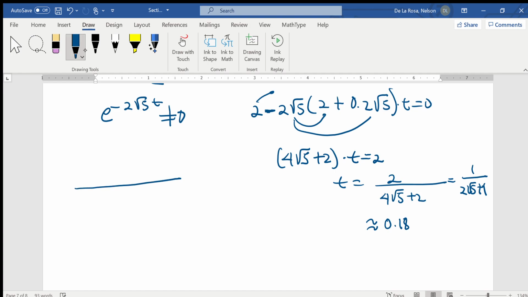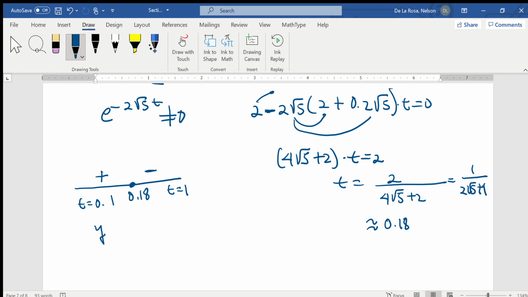Remember, this is a critical number from calculus 1. So we have to test, and then you have to replace a number to the left of 0.18 and a number to the right of 0.18 in the derivative. When you do that, you're going to have positive and negative. So you can pick, for example, t equals 0.1 and t equals 1.